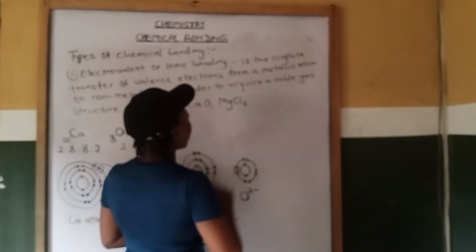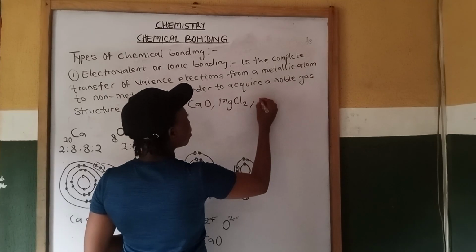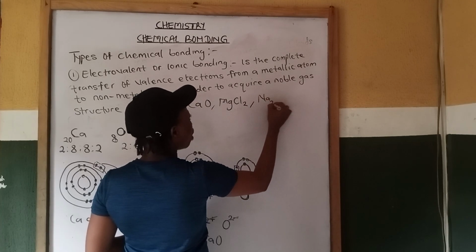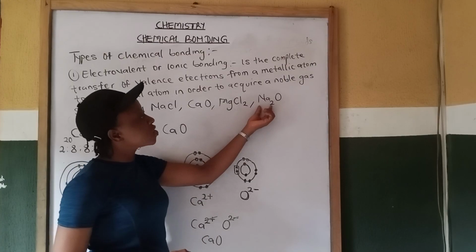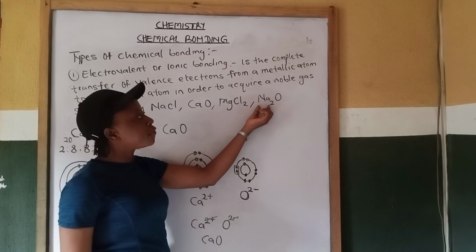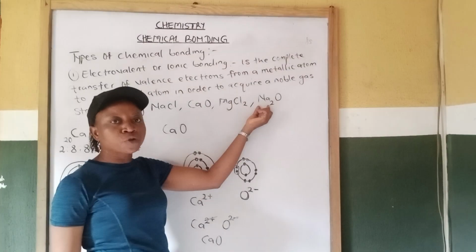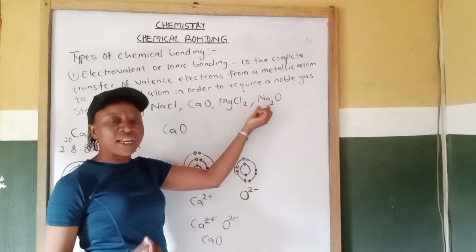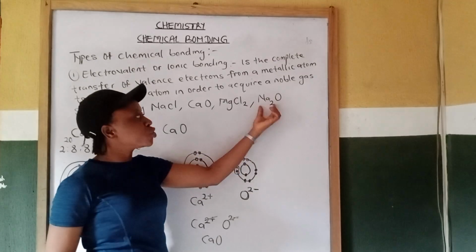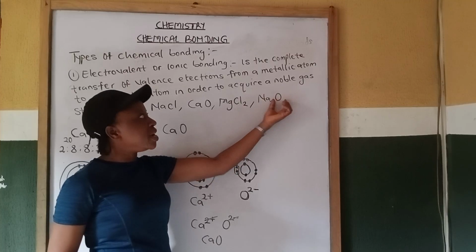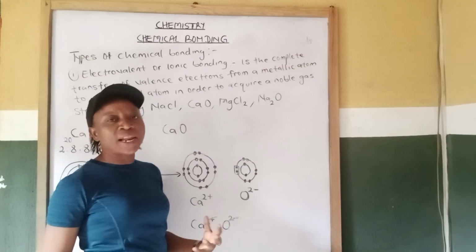So let's take another example. Another one is sodium oxide. Sodium oxide consists of 2 atoms of sodium. Sodium is a metal, then oxygen is a non-metal. So a reaction between a metal and a non-metal will give us an electrovalent compound.